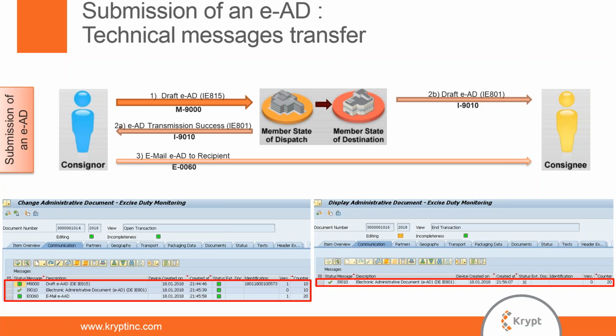In return, it will receive an acknowledgement in the form of IE801. Once they have received that acknowledgement, the member state of destination will also send a message, IE801, across to the consignee. And once the consignee has received that message, the consignor can send an email just for the sake of confirmation to the consignee.